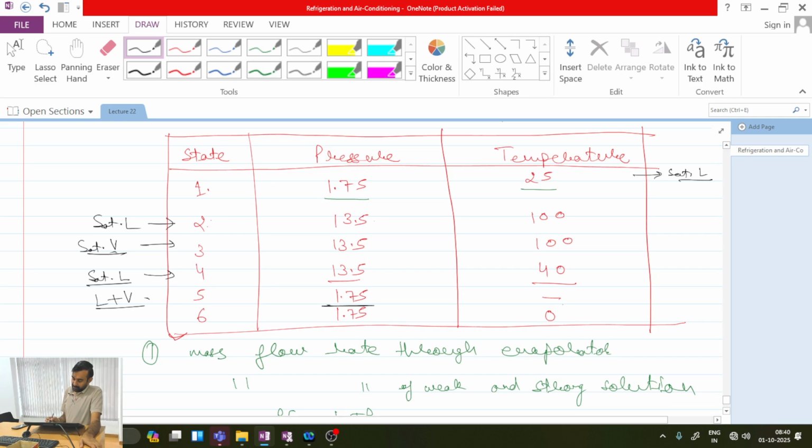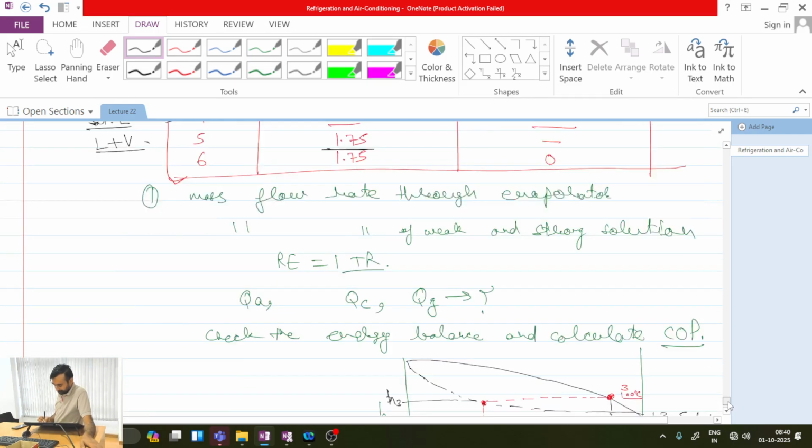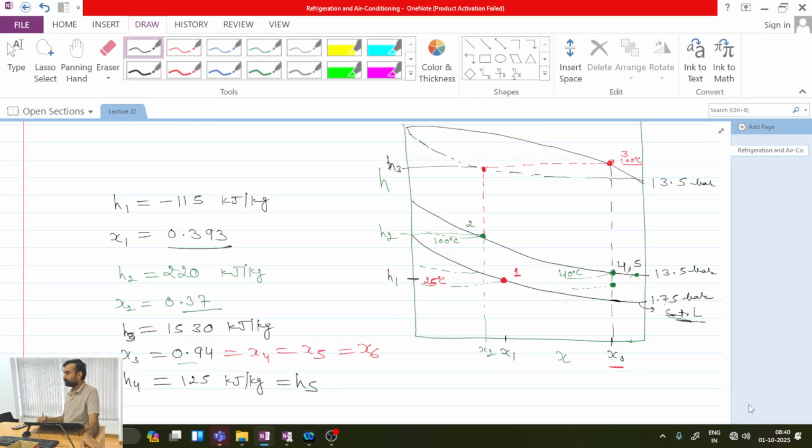In the question, the temperature was given even for 5, but I intentionally removed it. The reason for removing it is that again this is redundant data. You can calculate the temperature. How can you calculate the temperature? Can you tell me? This is 1.75 bar.